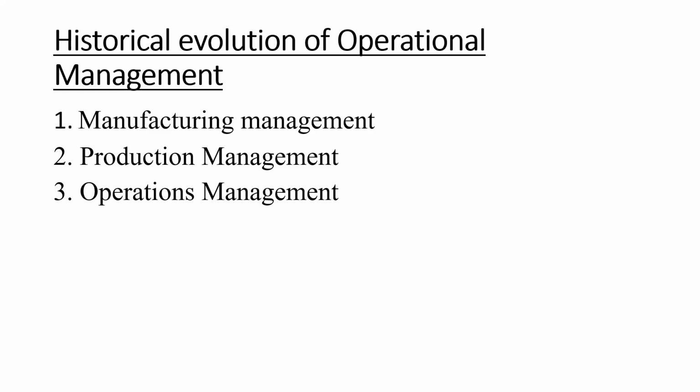When we focus on the historical evolution of OM, first it is named as manufacturing management. Next, it shifted to the name production management, and currently this area is recognized as operations management.